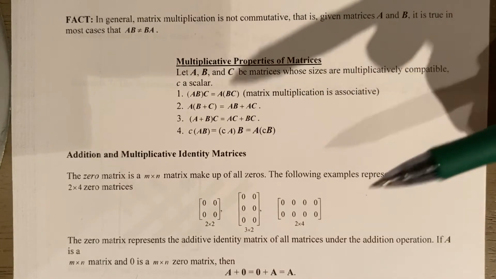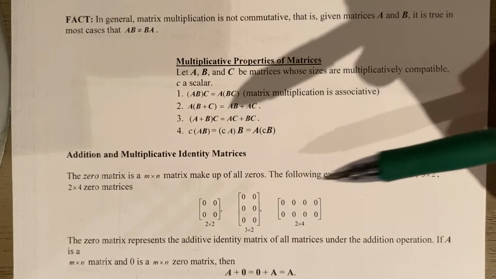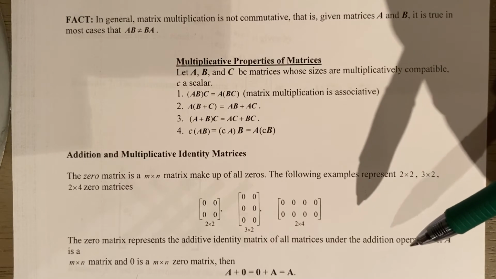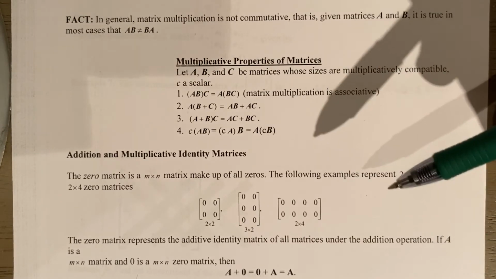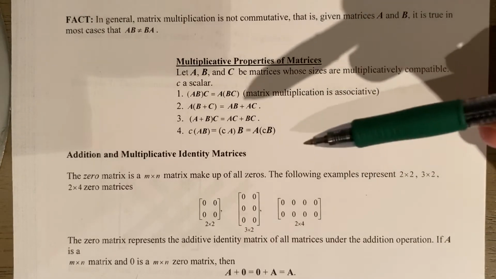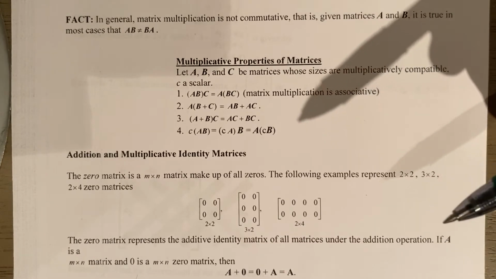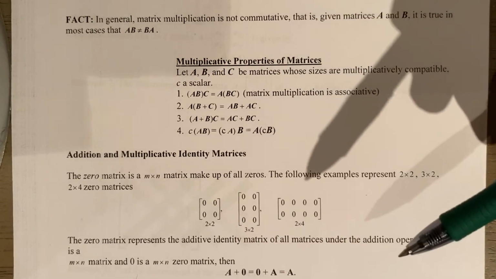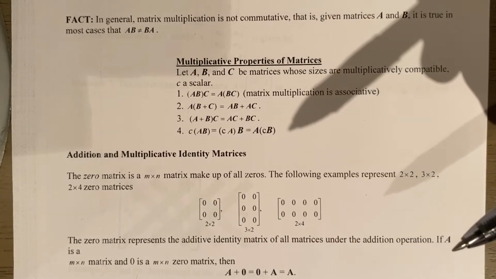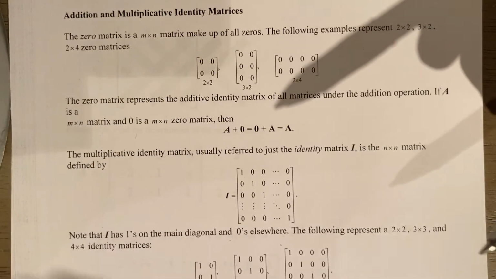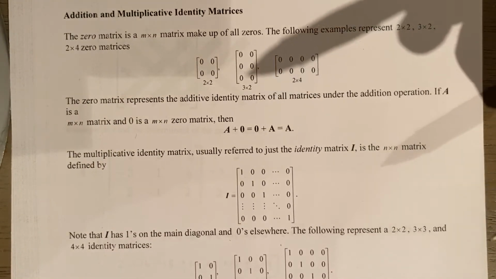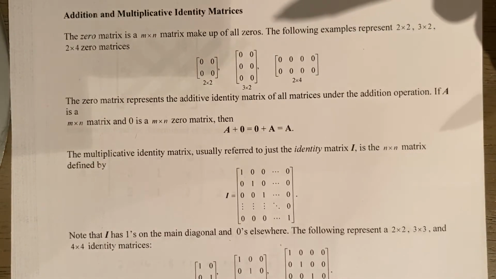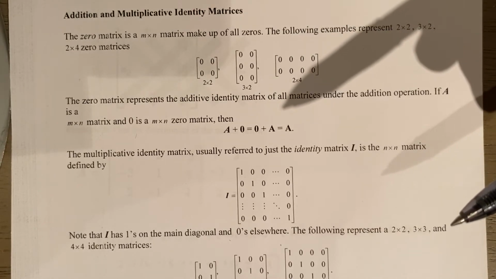Now, the next thing we're talking about is the additive and multiplicative identity of matrices. The zero matrix is a matrix made up of all zeros, and that's the additive identity matrix. Whenever I add a zero matrix to a matrix, I get back that same matrix.